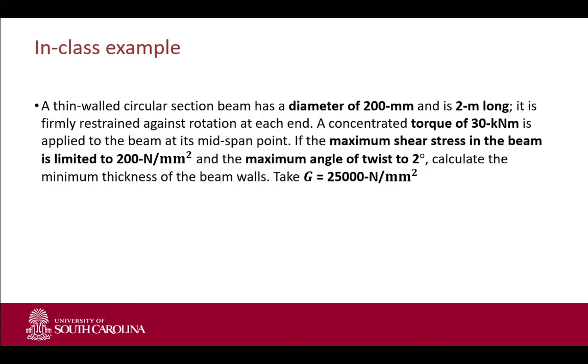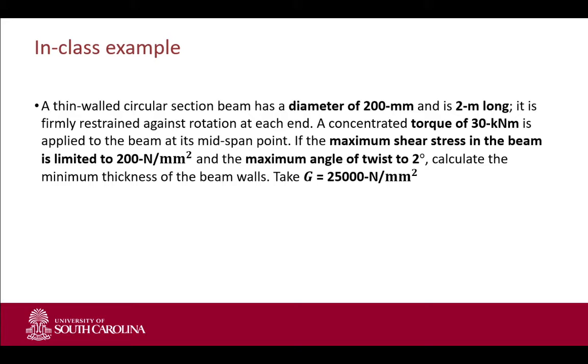So a couple of things. It says a thin wall circular beam, diameter of 200 millimeters, 2 meters long, and it's constrained on both sides. So let's draw that. We have constraint on this side, constraint on that side. We have a concentrated torque in the middle, 30 kilonewton meter. We have maximum rate of twist.